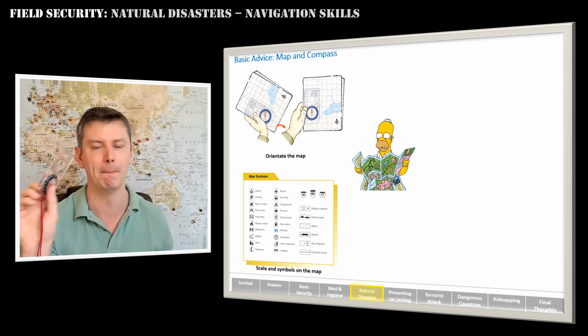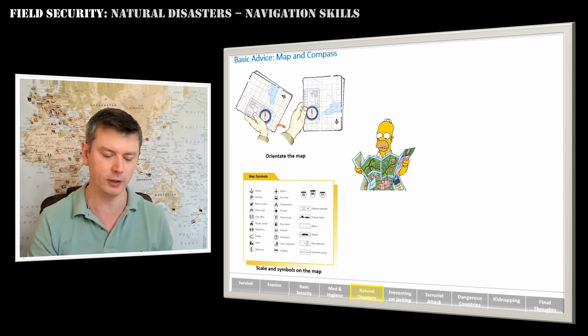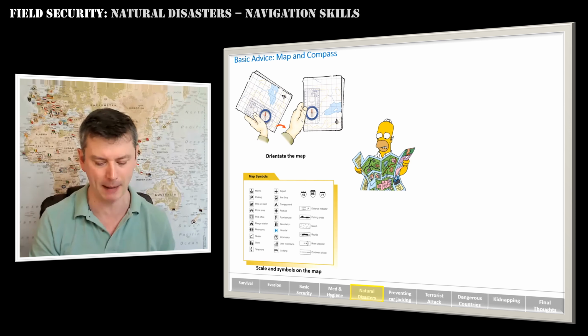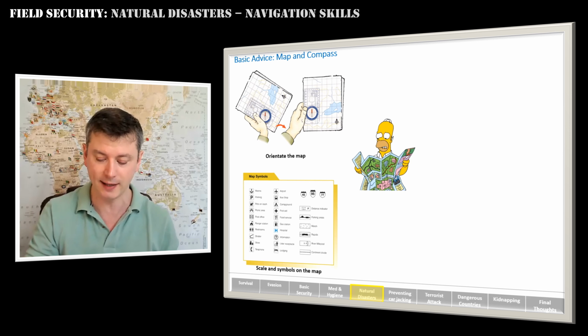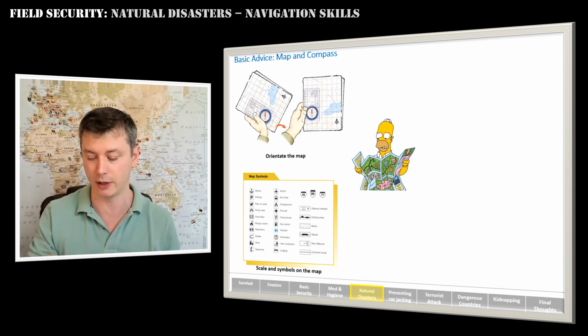Equally, use a compass. And if you can, the easiest way to orientate a map is literally to go to the north element of the compass, which is the red bit, and then orientate that map so that the up and down blue lines, which are north and south, are aligned to the red arrow.